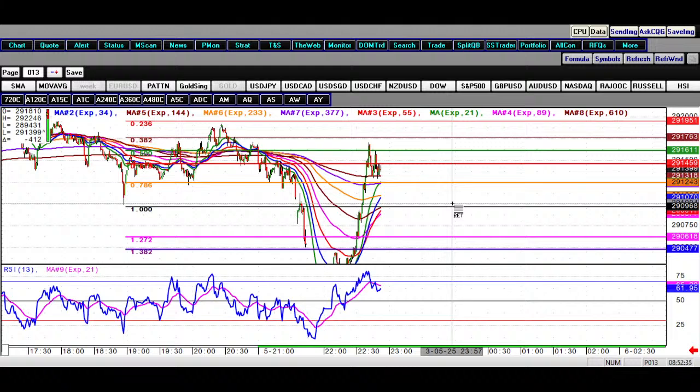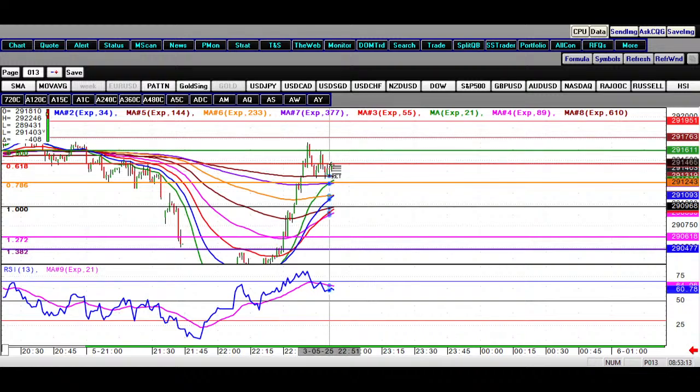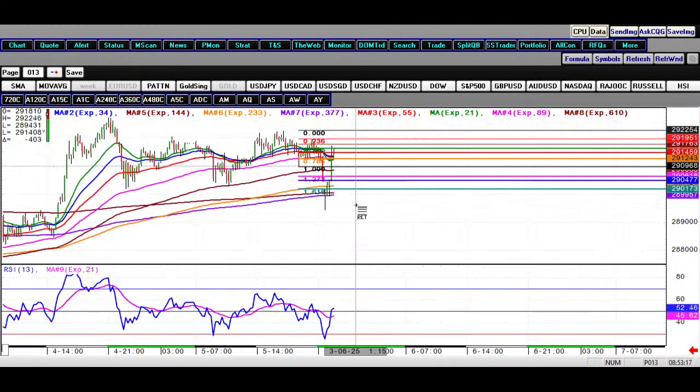Let's wait for a while and see. Okay, right now what we are seeing in the price action is a consolidation on the, I believe, 15 minutes.